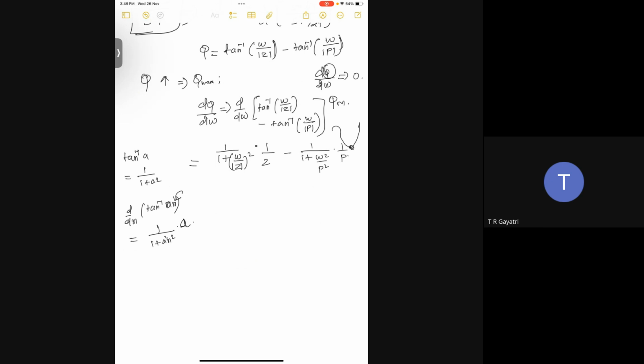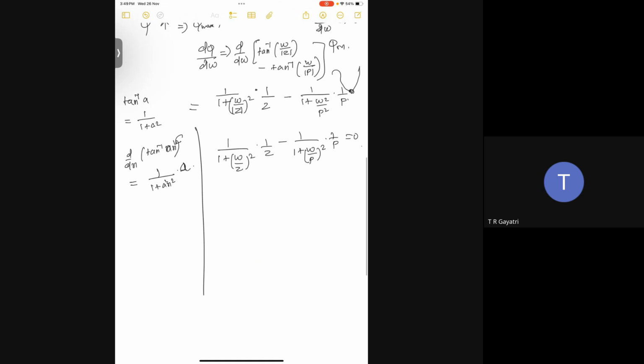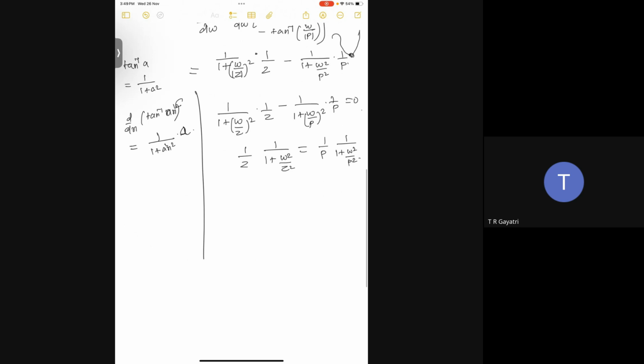Right. Now I am going to equate this to 0. 1 by 1 plus (omega by z) whole square into 1 by z, minus 1 by 1 plus (omega by p) whole square into 1 by p, equal to 0. Equating, 1 by z times 1 by (1 plus omega square by z square) equals 1 by p times 1 by (1 plus omega square by p square).